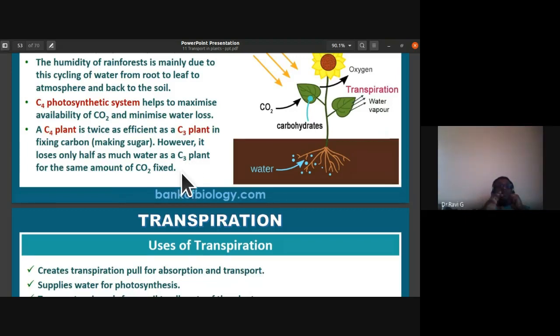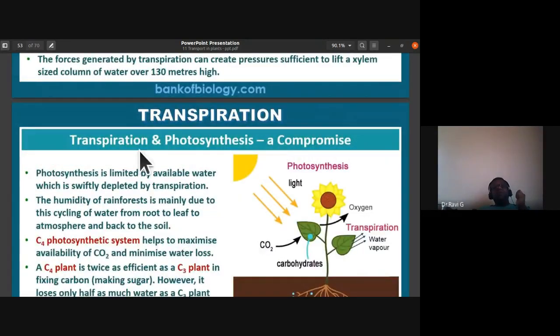However, it loses only half the amount of water as a C3 plant for the same amount of carbon dioxide fixed. So that is the advantage. C4 is a compromise established to avoid the conflict of transpiration and photosynthesis.